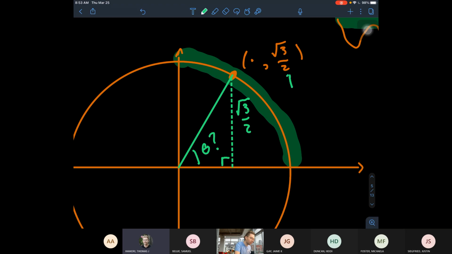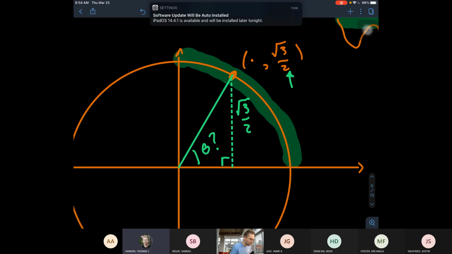Because it's the y value. The y value describes the height of the point. And the height of the point is exactly, if we go straight up from the x-axis to the point and measure that length, that's the height. So that length is square root 3 over 2, and we know another length on this circle. What other length do we know on the unit circle for sure?